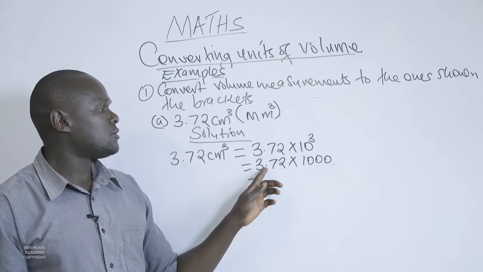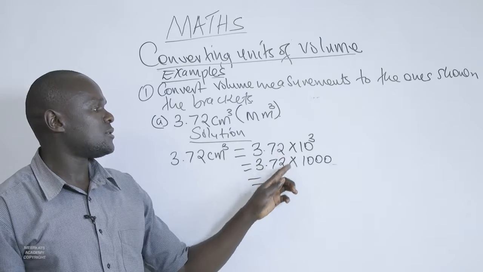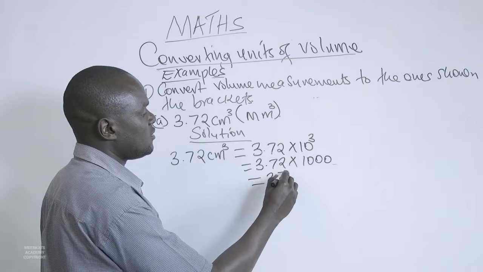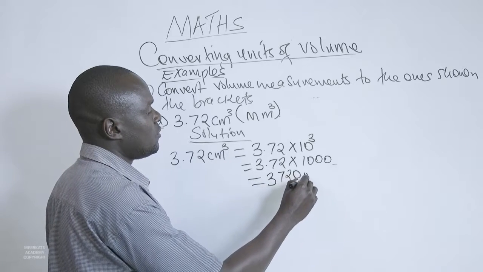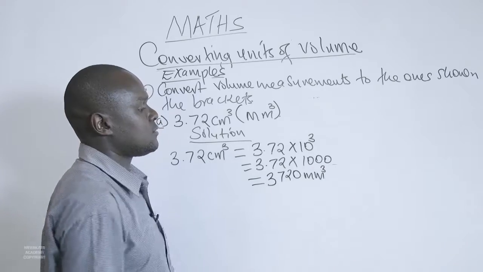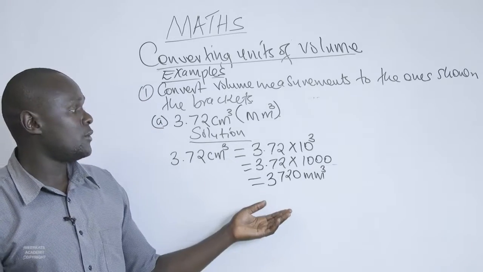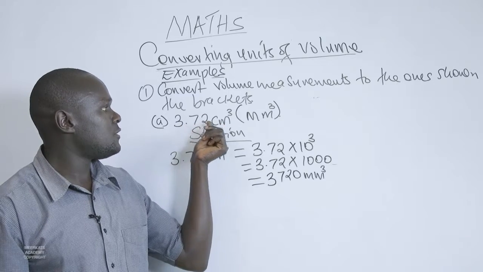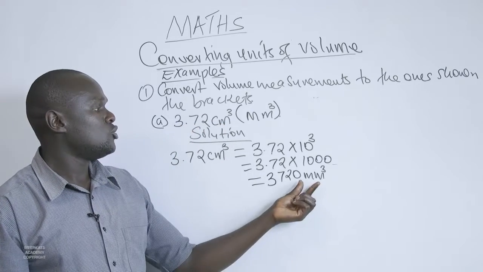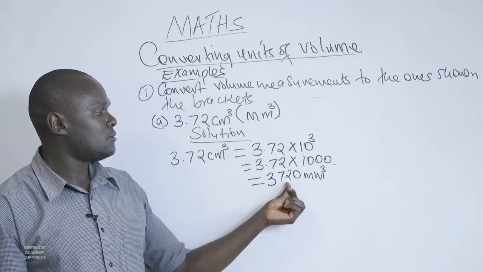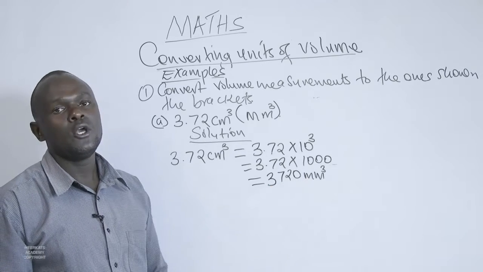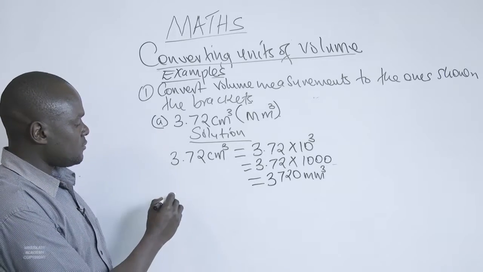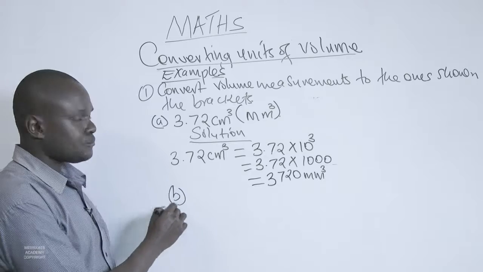It means our decimal point is going to move 3 places to the right. This will be 3,720 cubic millimeters. By so doing, we have converted 3.72 cubic centimeters to 3,720 cubic millimeters. This is our first example. Let us move on and look at another example.